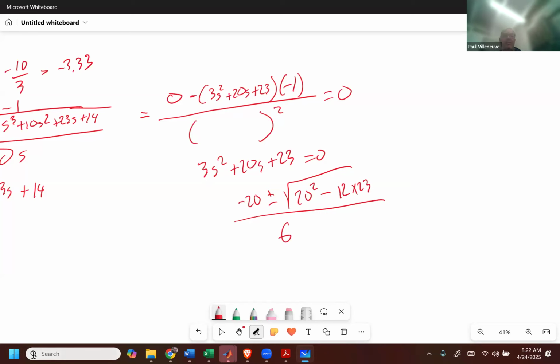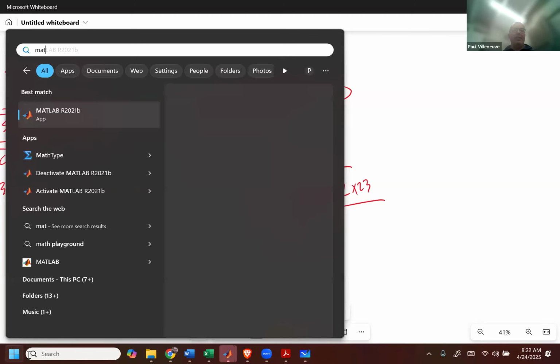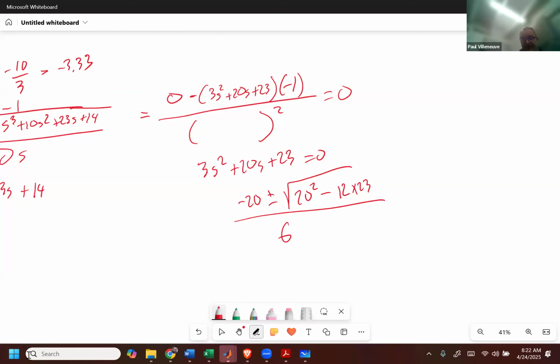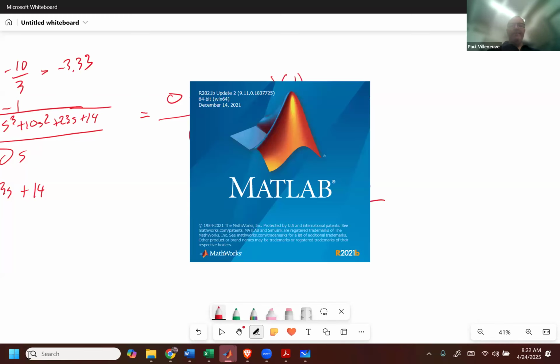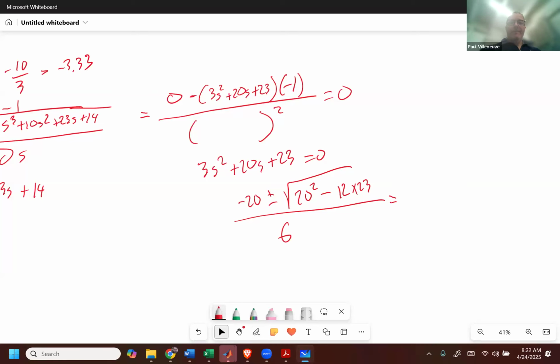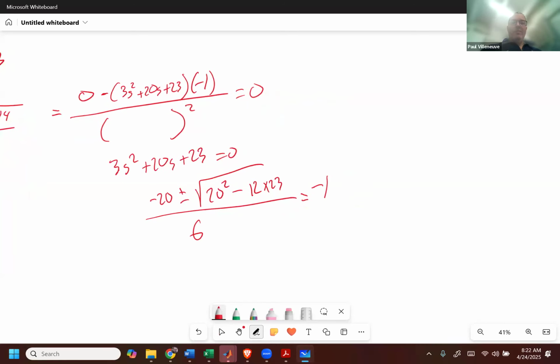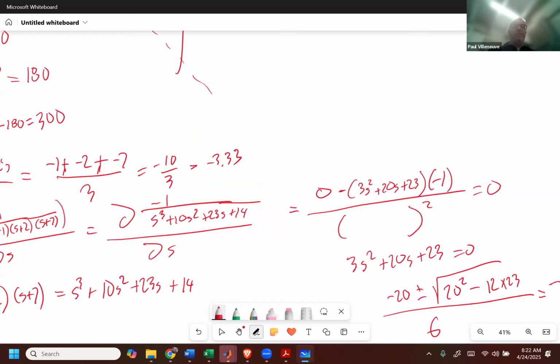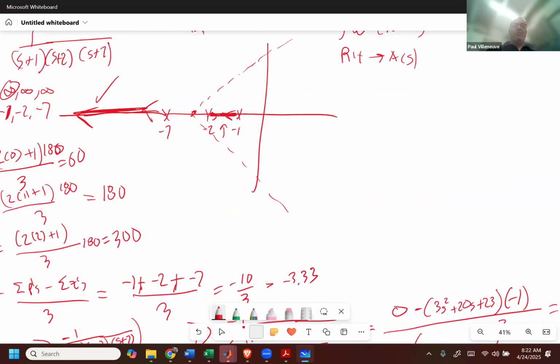And I can't do that off the top of my head, so let me just fire up MATLAB, unless somebody else has it. You got the numbers? Okay. So negative 1.478 and negative 5.19. Thank you.